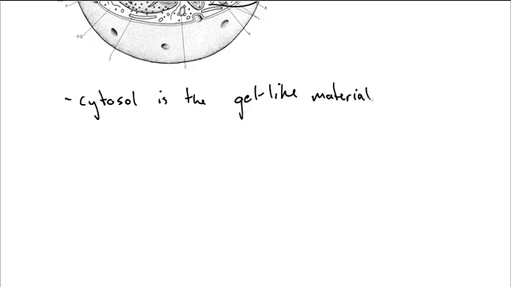So cytosol is the gel-like material between the nucleus and plasma membrane.